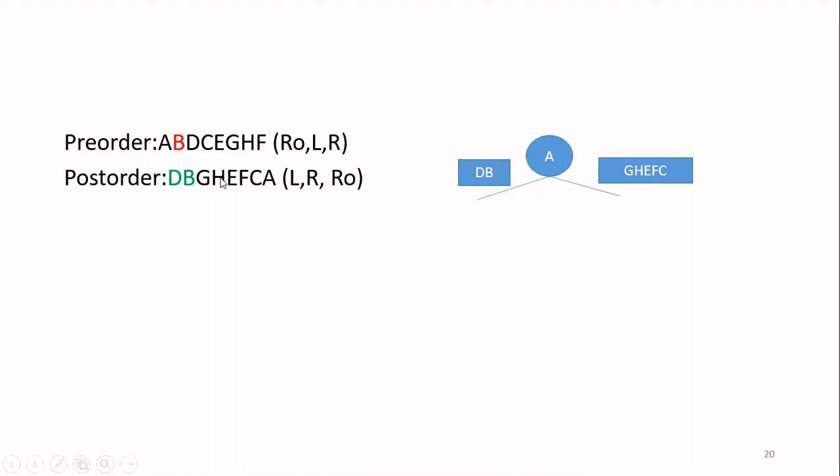So G, H, E, F, and C are the right subtree. So that is written here. Now, I have finalized the left and the right subtree at the first level. Now I have to do the same process again for the remaining nodes. So now I have two nodes D and B. I have to fix out of these two, which is the root node. So you know that root node will appear to the left in the pre-order.